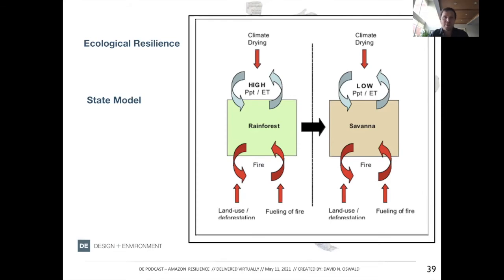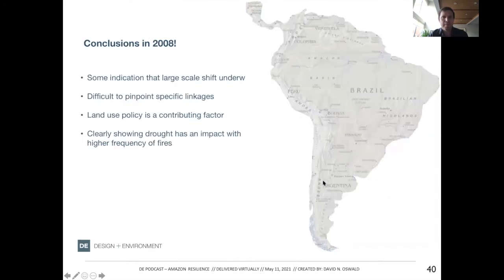A lot of it has been driven by climate drying, from those pronounced droughts, a reduction in evapotranspiration and precipitation, which would then contribute to that state shift, and then an increased amount of fires, some of which were anthropogenic, some of which were fueled by land use change or climate drying. But this starts to make sense then, I hope.